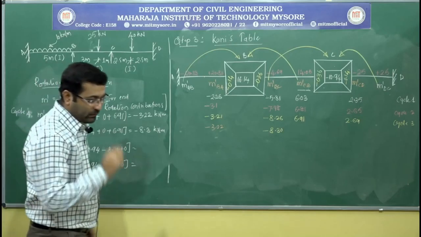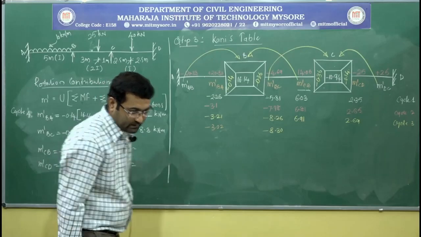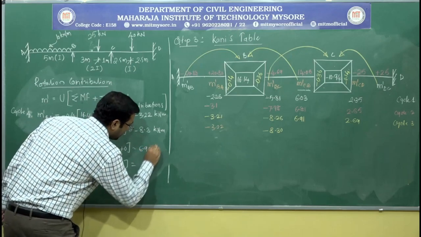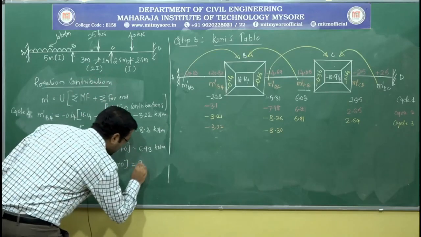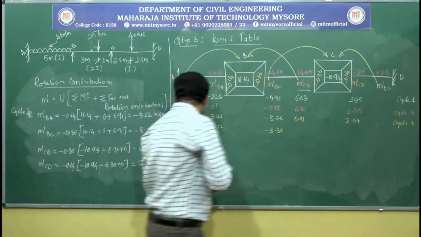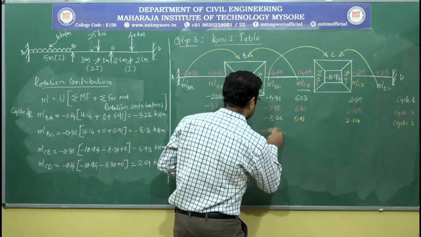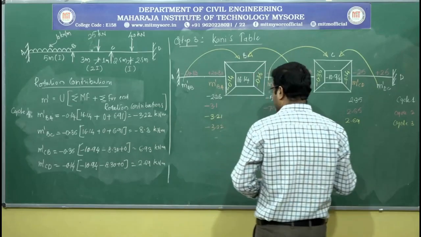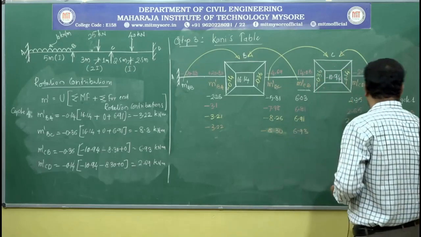That gives you a value of 6.93 kilonewton meter and 2.69 kilonewton meter. So let me represent those here. This is minus 8.30, 6.93 and 2.69.